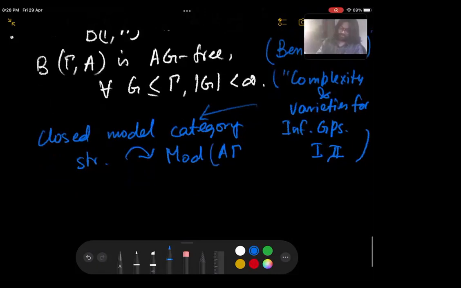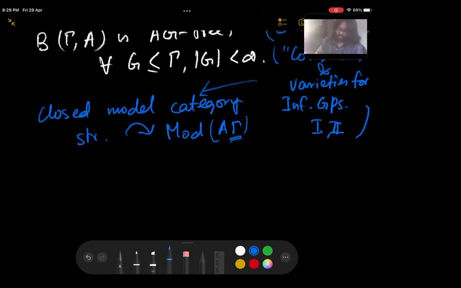But well, you can force some nice conditions on gamma, but that's not important for us in this talk. And it turned out that when you do this, you can do it in such a way that the homotopy category is equivalent to the stable module category.